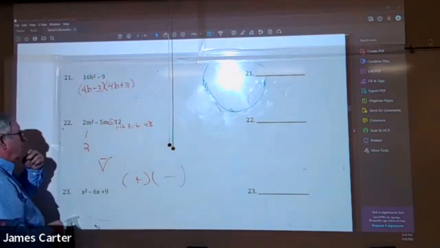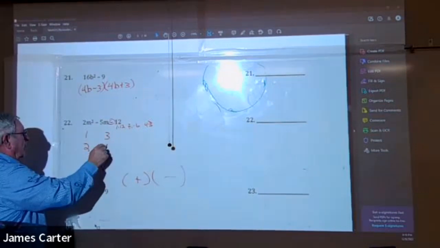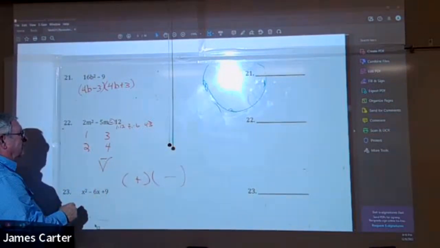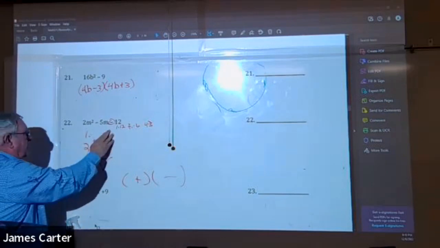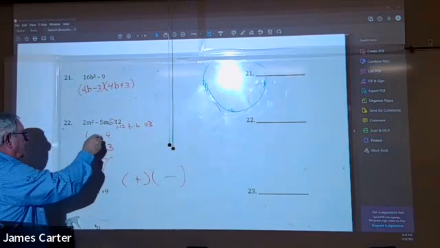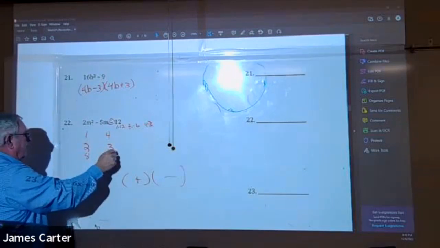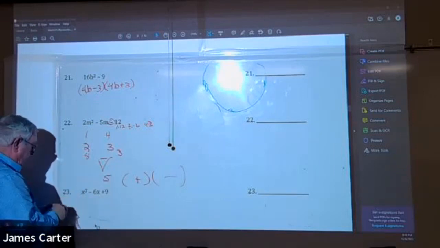Okay. You say the 4 and the 3 work? Okay. Does it matter? It does, because these aren't the same number. So the 4 here, the 3 there, I get 8. I get 3. You subtract them, I get 5.